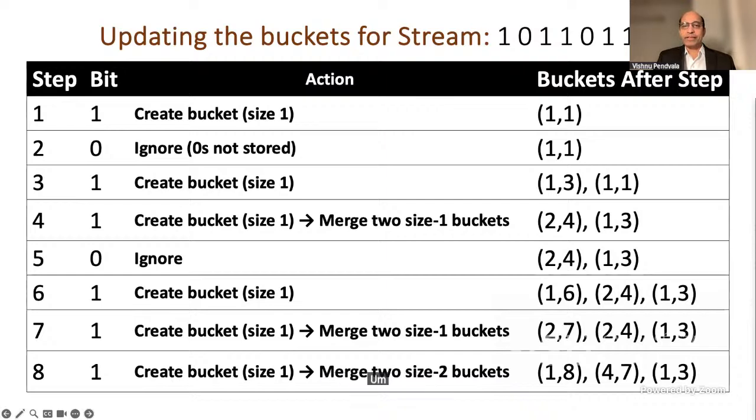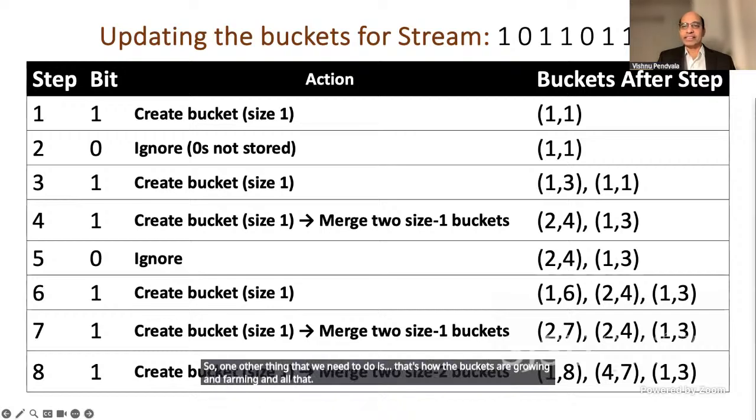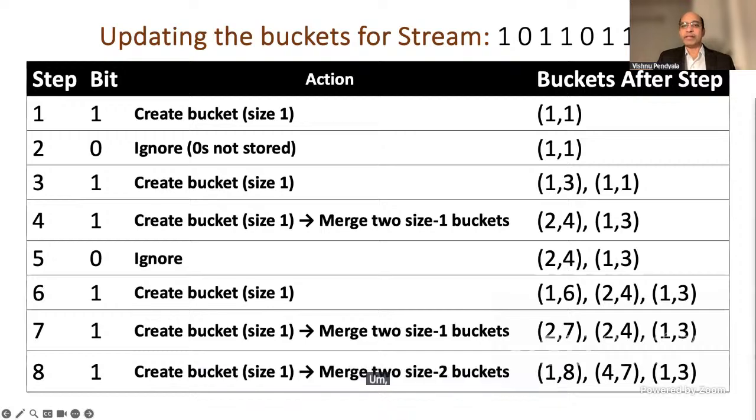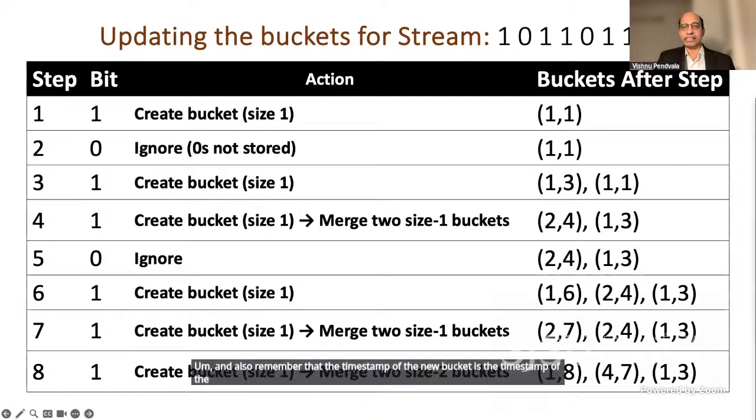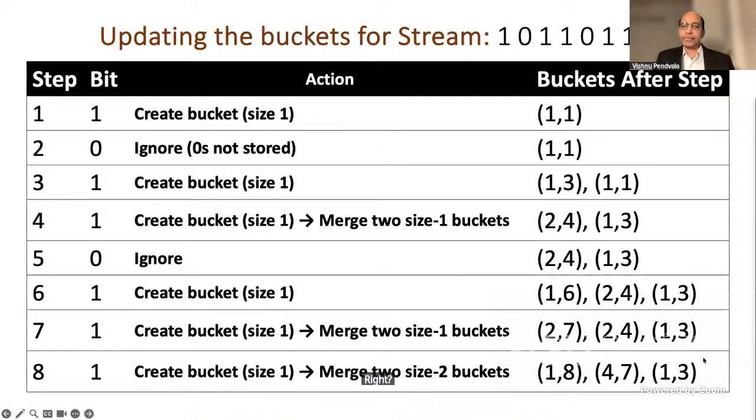So that's how the buckets are growing and forming. And also remember that the timestamp of the new bucket is the timestamp of the rightmost, that means the later in time of the two buckets, right? Now remember, this is a sliding window.